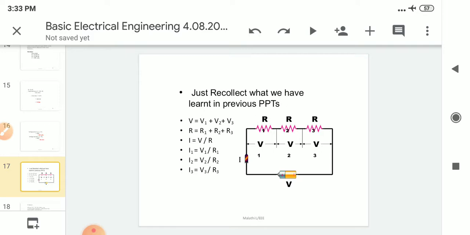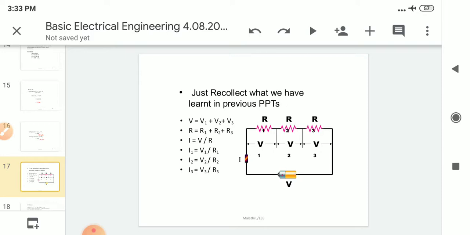In this, what we have learned is that the applied voltage V must be equal to the sum of the individual voltages V1 plus V2 plus V3, and the equivalent resistance of these resistances in series is R is equal to R1 plus R2 plus R3.